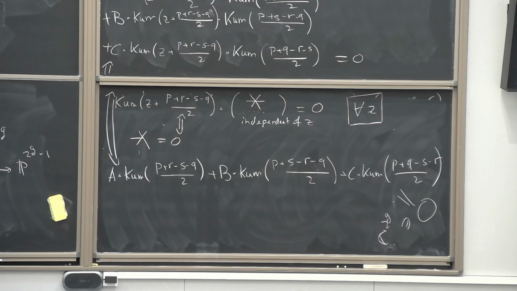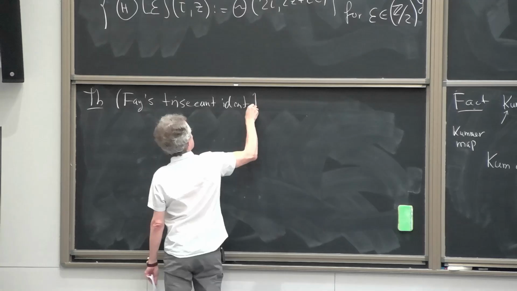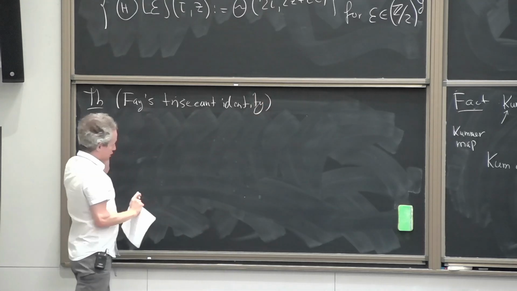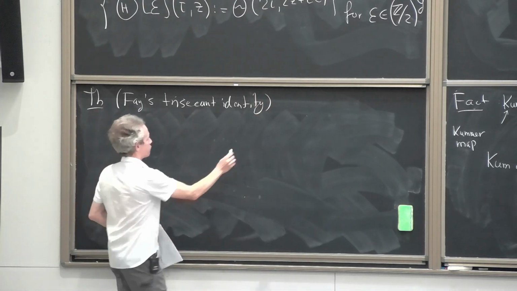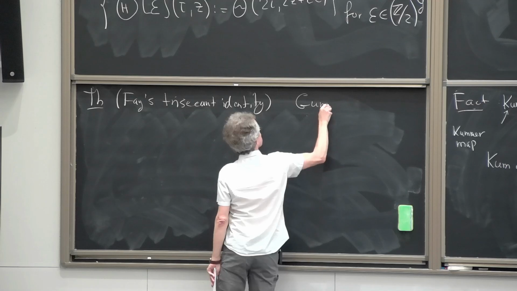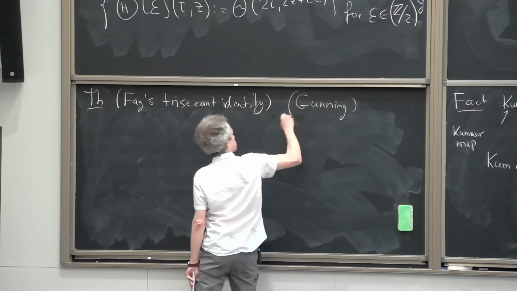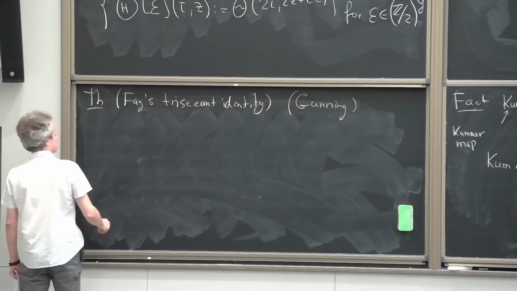So what have we proven? We have proven the following theorem. This is called the trisecant identity. Despite its name of trisecant identity, it's really due to Gunning. It says the following.